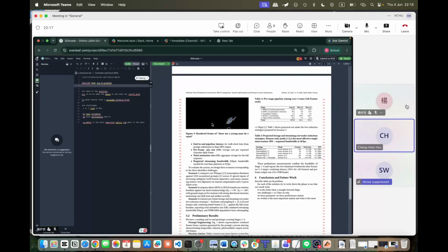So explain your solution, followed by a few sentences highlighting the performance improvement, and then talk about future work. So it's very similar to the introduction. In the conclusion, you say in this paper we have done certain things. Use the past tense.